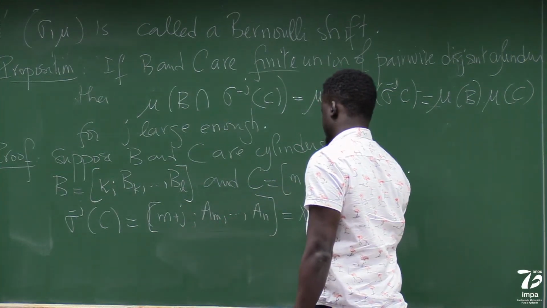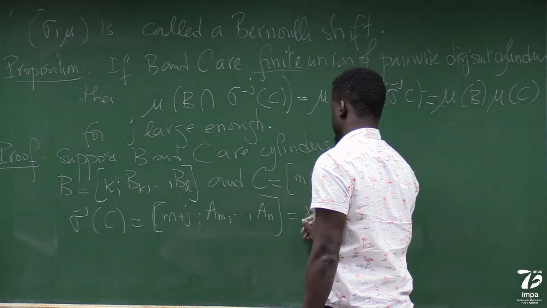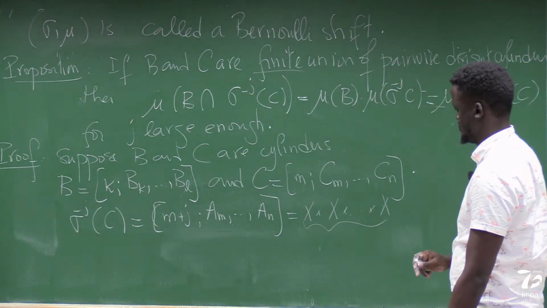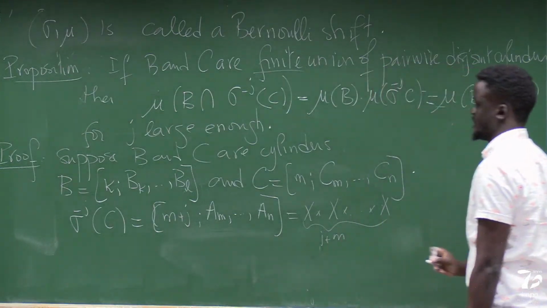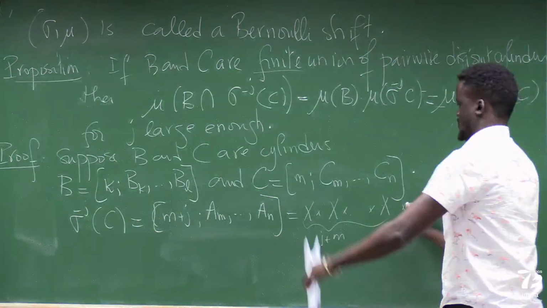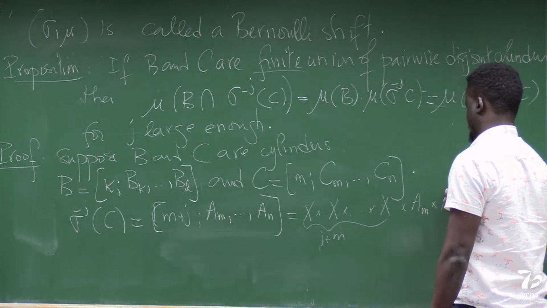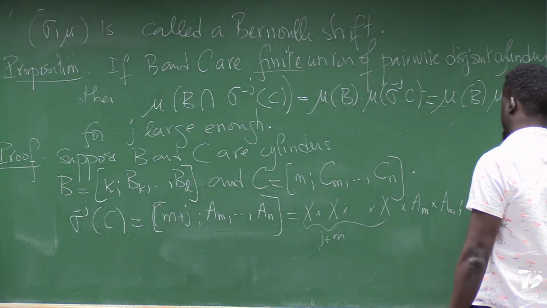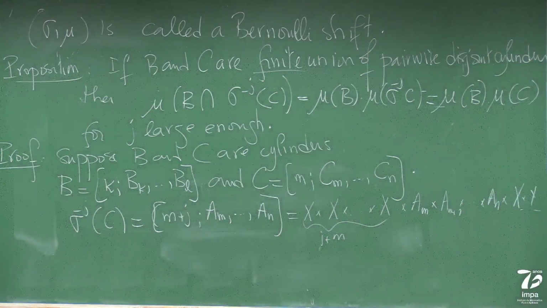You have x, j plus m times, and then you have A_M, A_{M+1}, up to A_N, and then x, and you keep going. Okay, so this is how you see these cylinders.